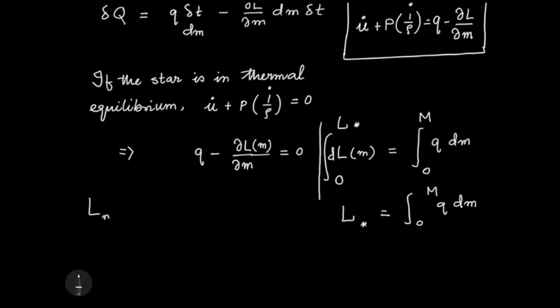Now, this quantity is defined as the nuclear luminosity. This is the total energy produced by the star, total nuclear energy produced by the star, not sun, sorry.